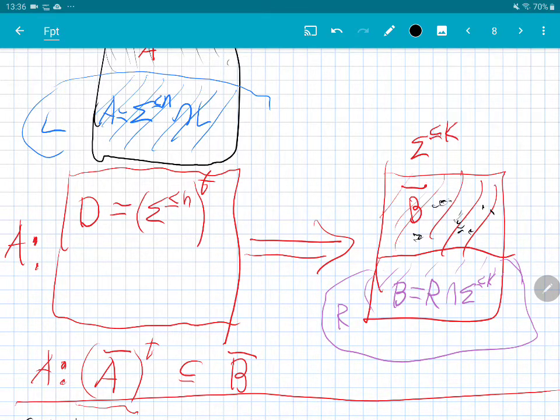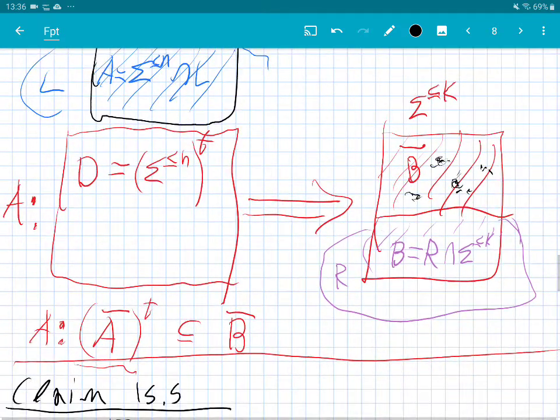So it performed compression essentially. And we argued that because of the way we picked t to be sufficiently large, this corollary held. There was a small number of strings here such that every bad tuple, by bad tuple I mean a tuple where all the strings in the tuple did not belong to L, got mapped into one of the bad strings here.